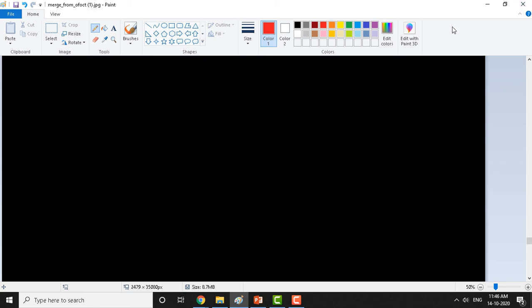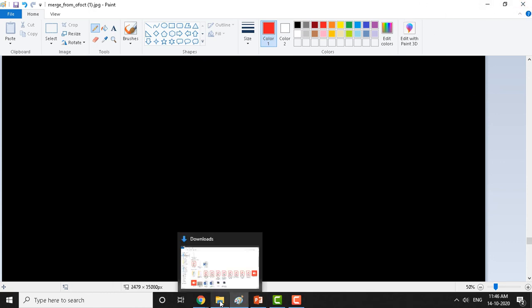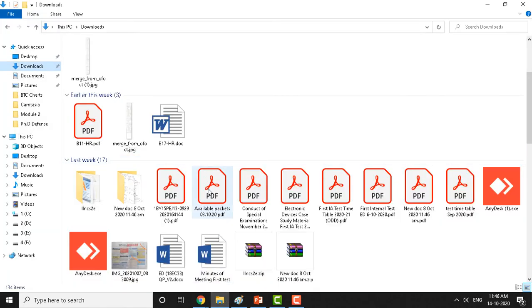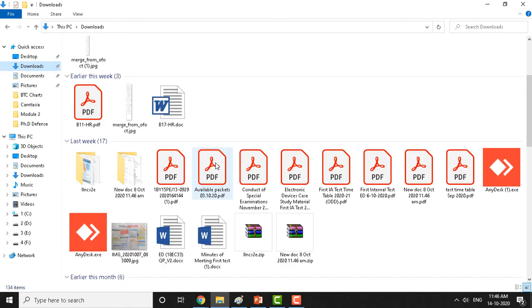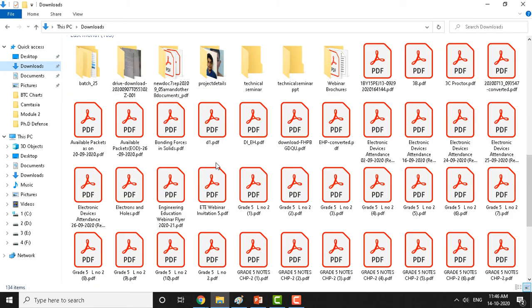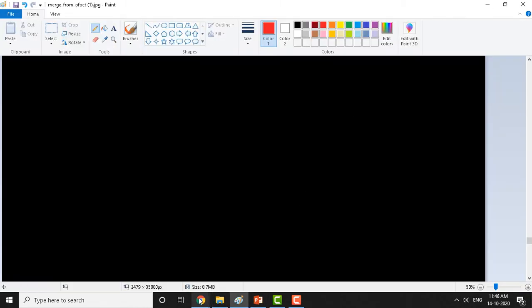I don't know why this rotation is creating a problem here. Let me open my email so that I have the material over there.